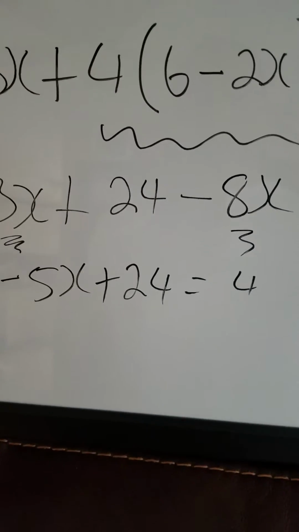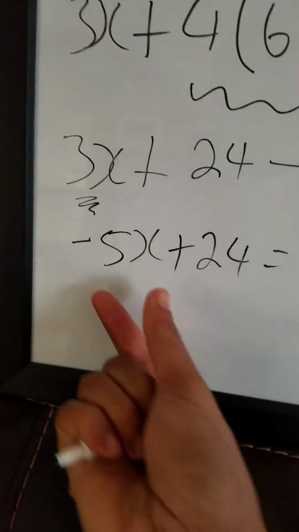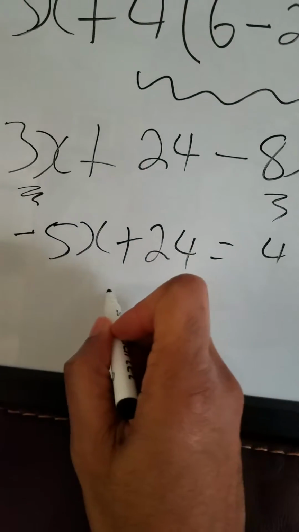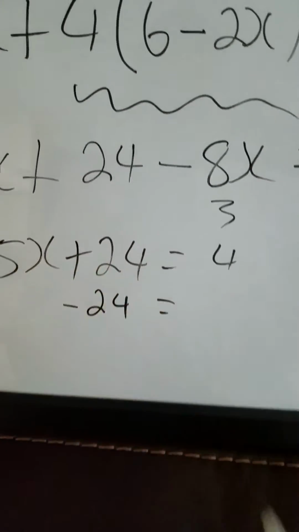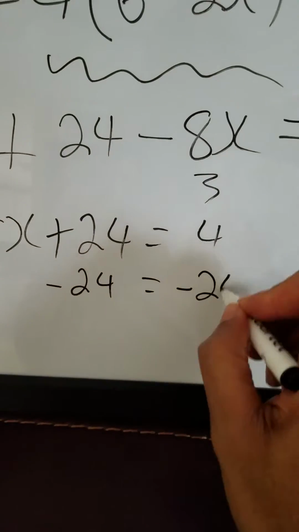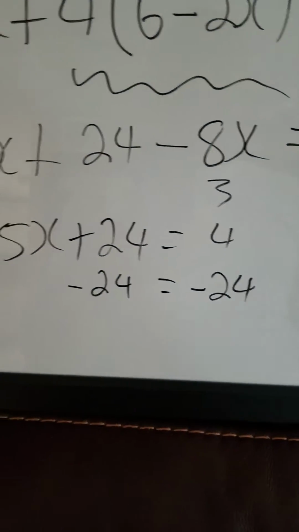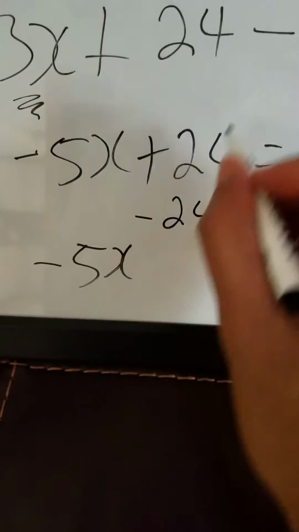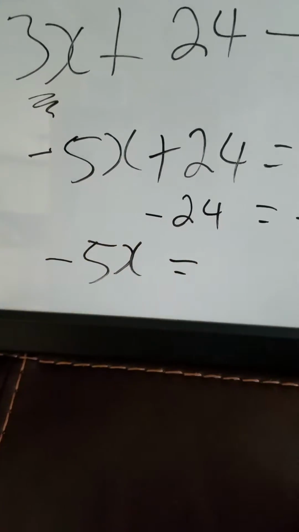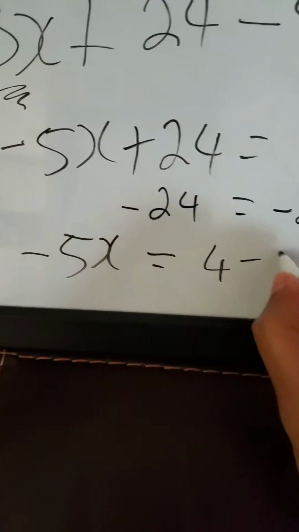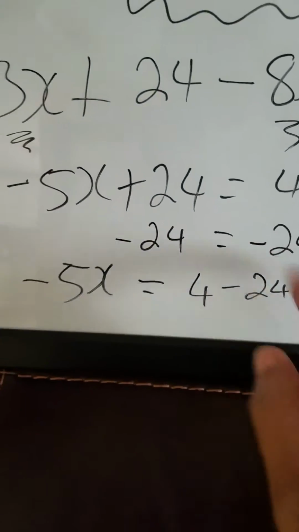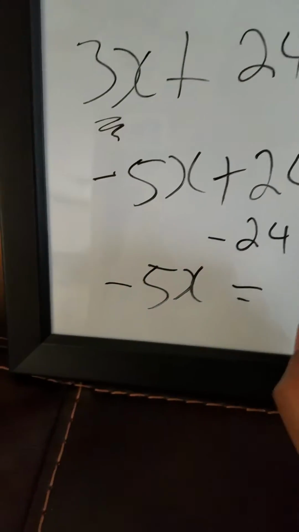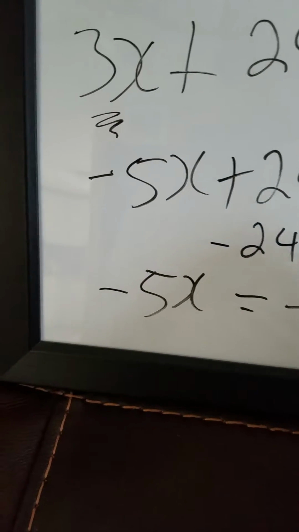We're almost there. Now we need to get our x term by itself, and to get rid of this positive 24, we simply subtract 24, but we know we have to also subtract 24 from this side. And what we end up with is minus 5x, the 24's cancel, equal to 4 minus 24. And you know that works out to be negative 20.